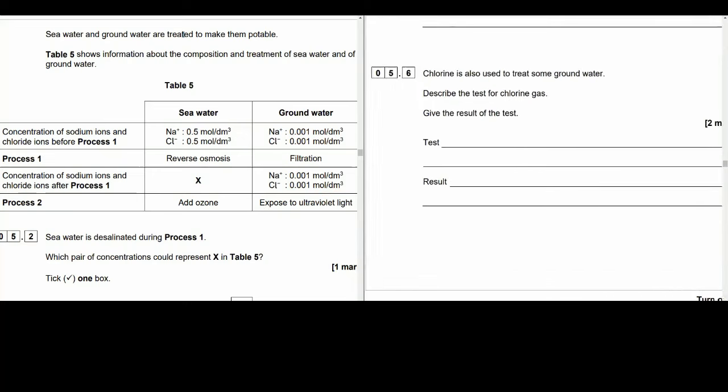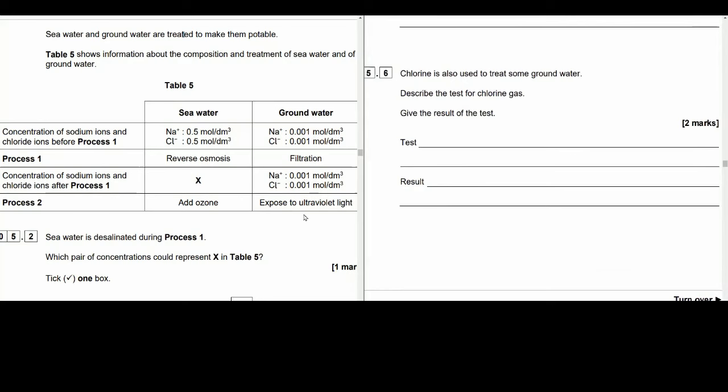Now we're going to move on to the last part of this question 5, which is 5.6. Chlorine is also used to treat some groundwater. Describe the test for chlorine gas. Give the result of the test. Well, you can use litmus paper, universal indicator paper, or pH paper, the little orange paper or the blue or red litmus paper.